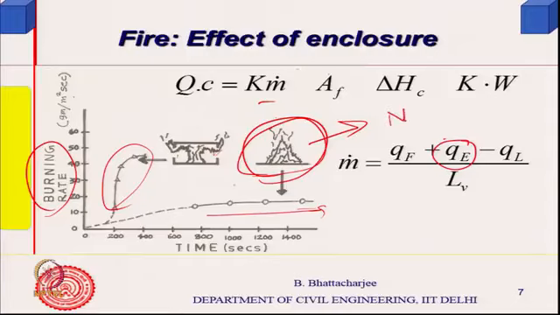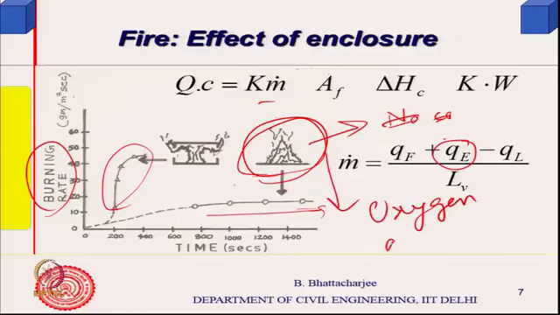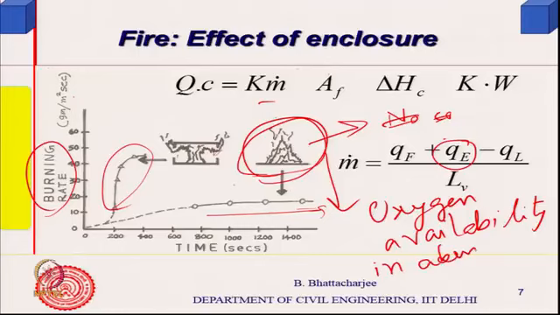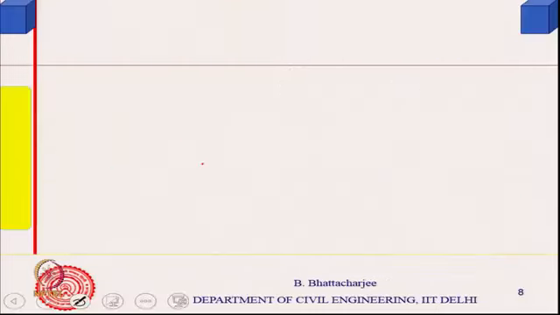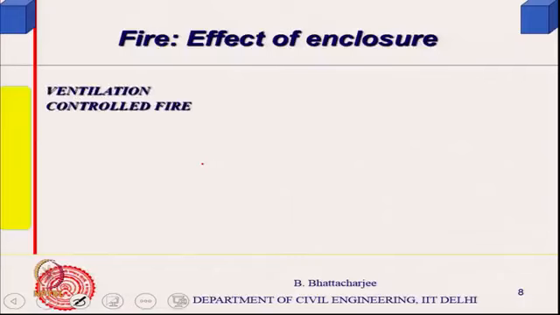Oxygen availability is abundant, whereas here you may not have sufficient, depending upon the ventilation condition. So, if oxygen is not available, again it will slow down, because the burning rate will now be governed by the rate of oxygen available.